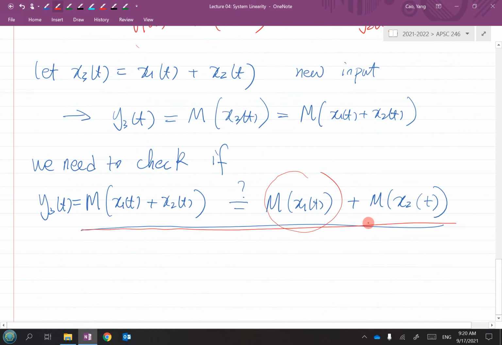If this is a yes, then the additive property is proved.